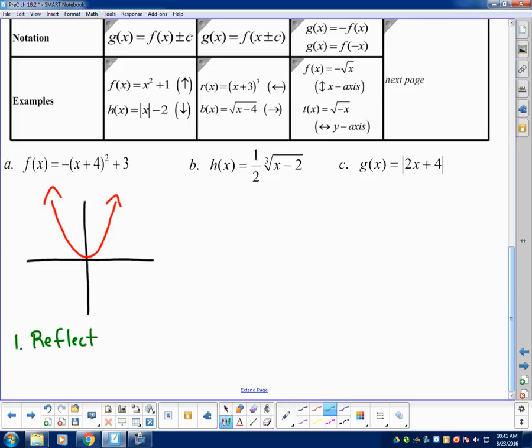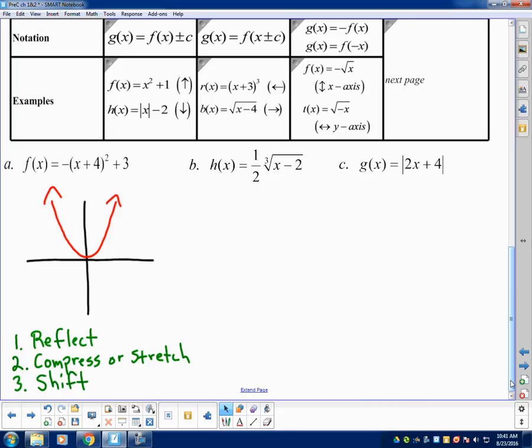And then number 2, go ahead and do any compressions or stretches. And then 3, do your shifting, either vertically or horizontally. So if you want to be consistent, that'll work each time.